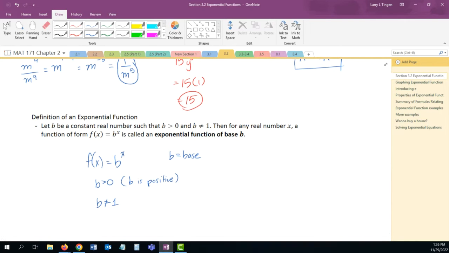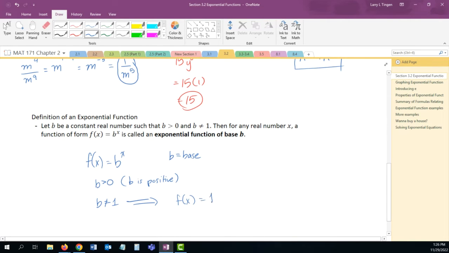It wouldn't have the behavior that we're interested in. So b is positive. Notice the difference here. It's not 0 or positive. It's positive. b is not allowed to be 0, and b is not allowed to be 1.